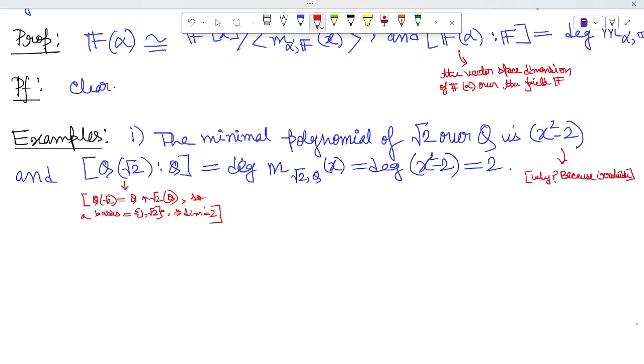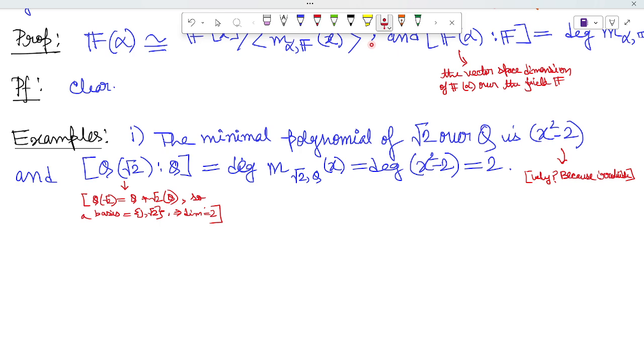For degree 4 and onwards, it will not work, and there are counterexamples, right?